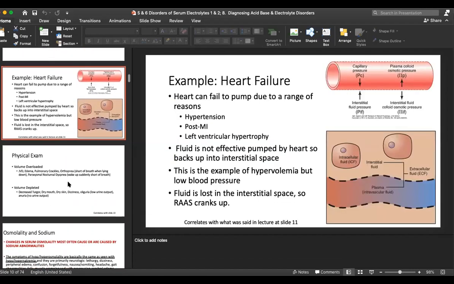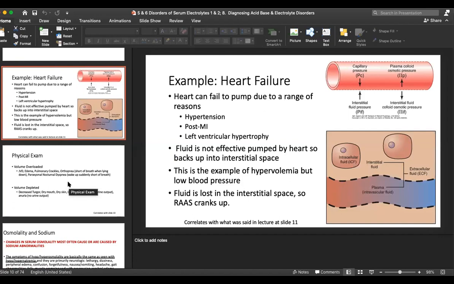Let's look at an example in heart failure. So the heart might fail due to long-standing hypertension, a heart attack, left ventricular hypertrophy, just basically an issue in the heart over time, and the fluid is not being able to be pumped, so it starts backing up.